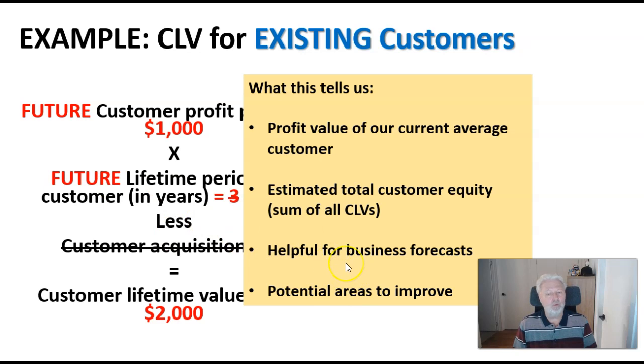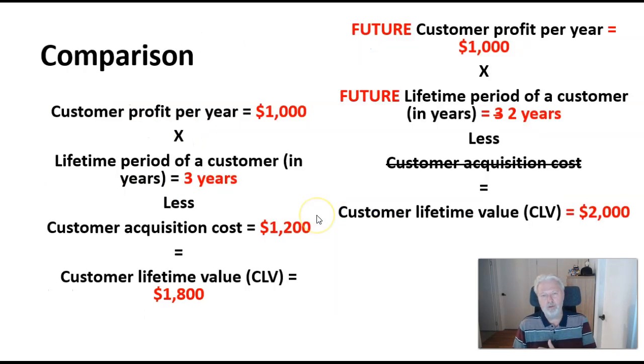This is obviously helpful information for forecasting. We can work out how long different groups of customers will last, how much they will contribute. So if we're doing 3 to 5 year forecasts of the business and working out cash flows, this will come in handy. And again, like before, what do we improve? What's the impact of improving profitability, including improving retention, etc.